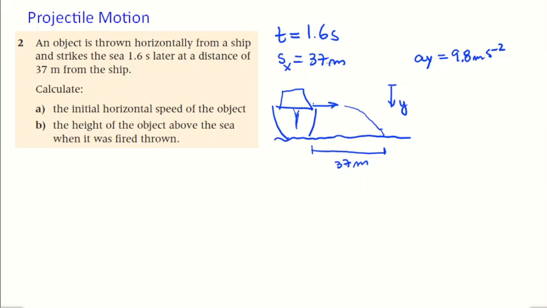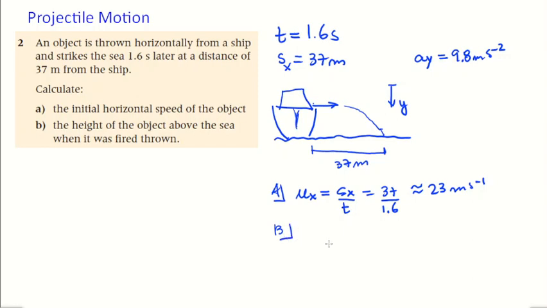It has traveled 37 meters in 1.6 seconds, and the horizontal speed does not change. So displacement over time is 37 over 1.6. How fast is it traveling? Well, around 23 meters per second. So that's part A.